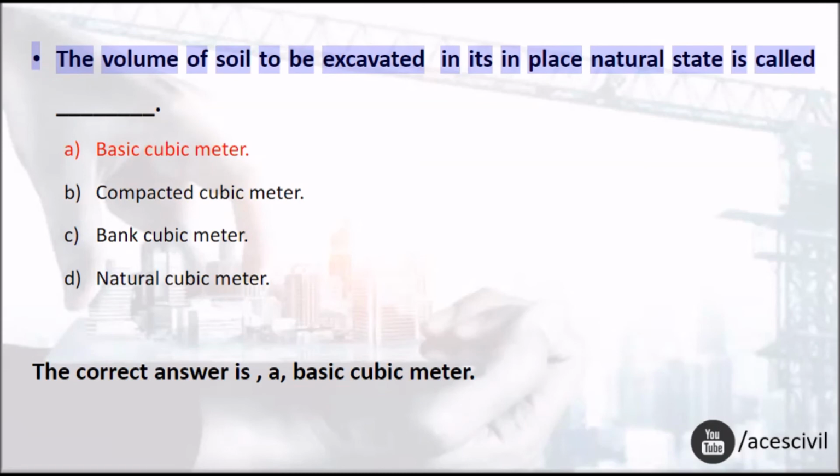The volume of soil to be excavated in its in-place natural state is called A. Basic cubic meter. B. Compacted cubic meter.